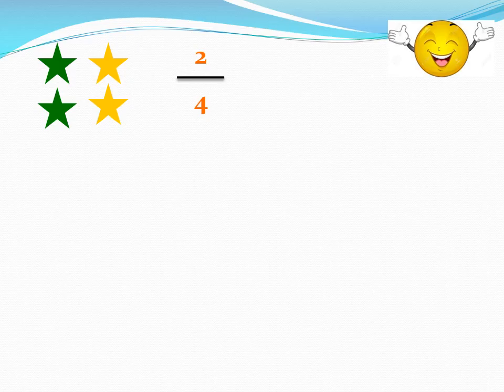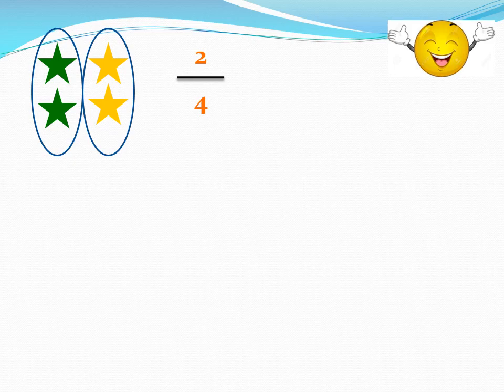If I want to write this fraction another way, the first step, I will divide this group into 2 equal groups. Each group has 2 stars, like this. 1, 2. Now we have 2 groups.